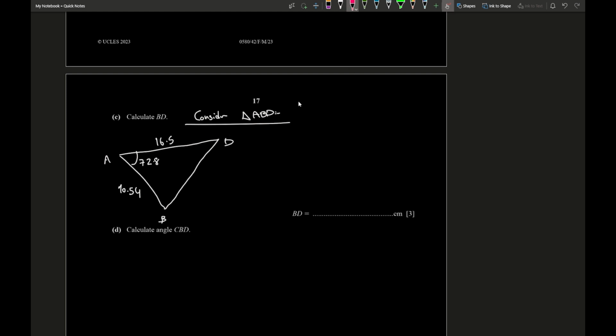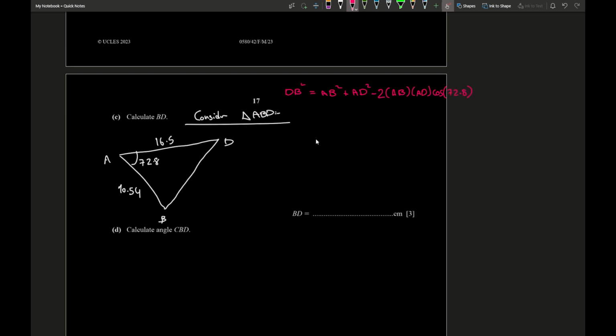The cosine rule states that the square of the side length opposite to the given angle is equal to the sum of the squares of the other two sides, minus 2 times AB times AD times the cosine of the angle opposite to the side we're looking for, which is 72.8.